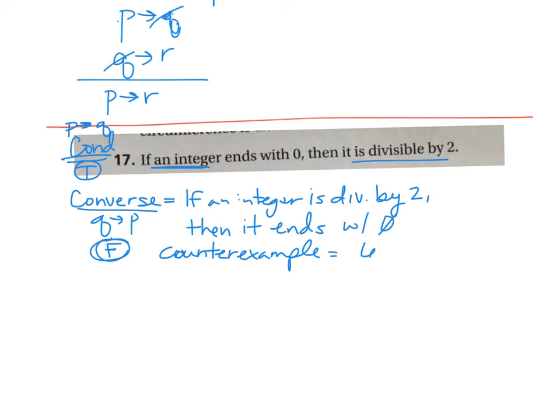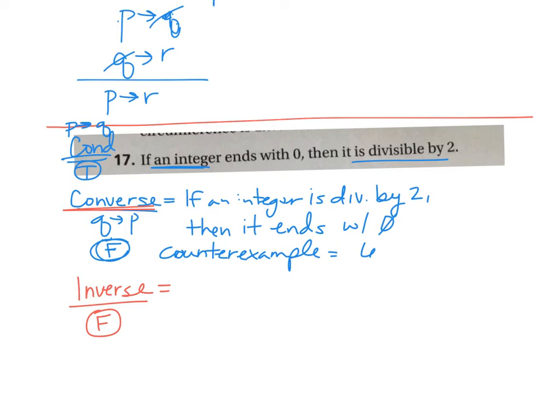0, okay? Your inverse you should know right off the bat is going to be false because your converse was false, and those are the two that have to have the same truth value. And your inverse is just the negation of your original conditional.